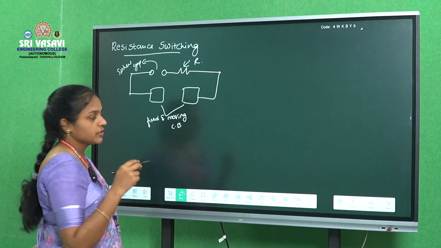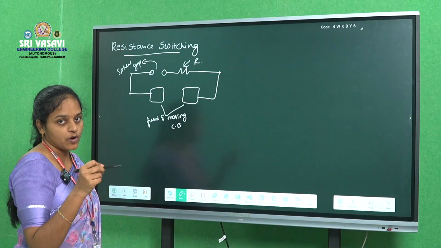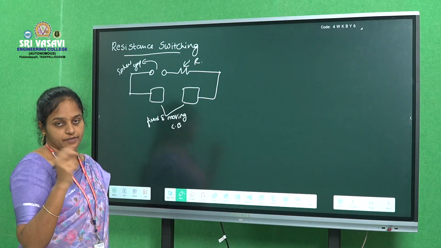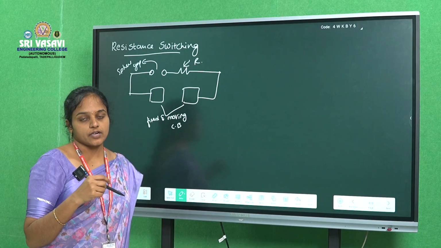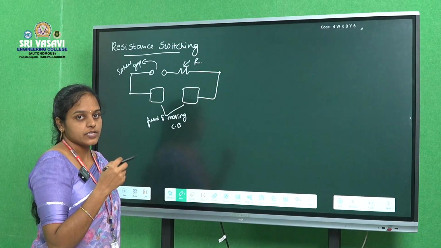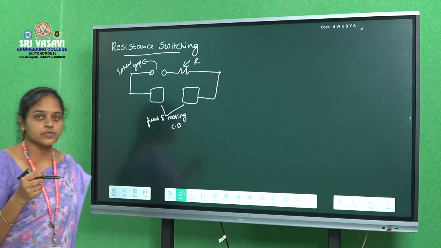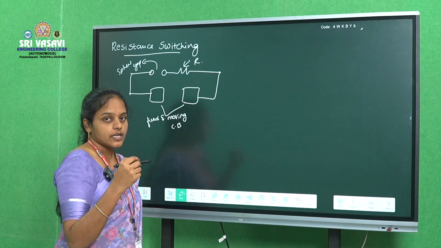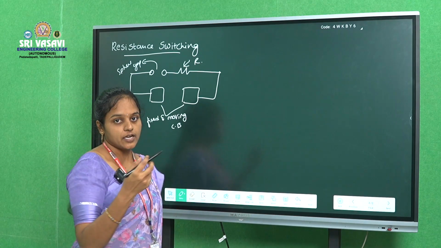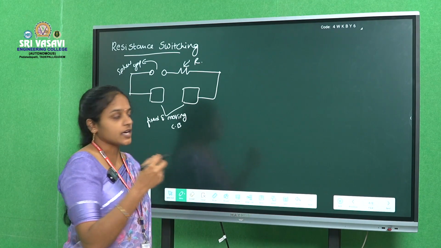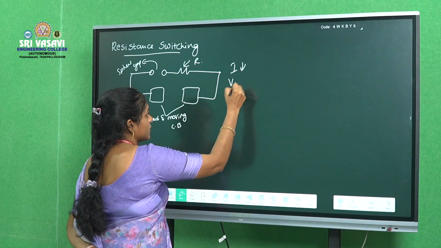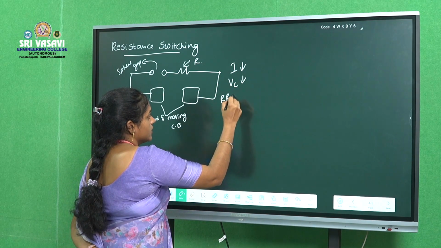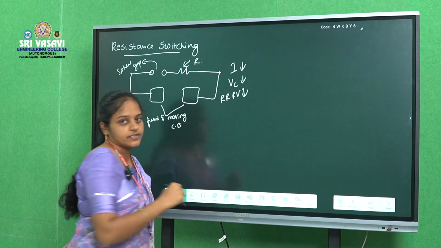That extra current at the time of arc extinction will pass through this resistance. Resistance is inversely proportional to current, so whenever the current is high, after passing through the resistance the current will decrease. So automatically the restriking voltage will decrease, and then the RRRV can be decreased.